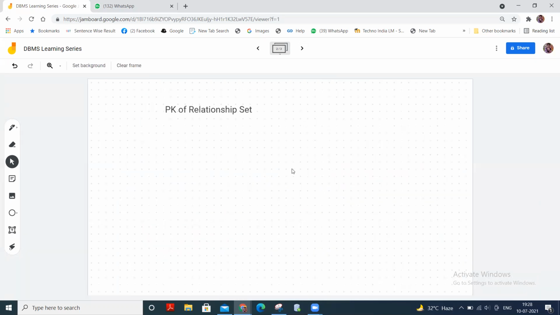Okay, so the next thing is primary key of relationship set. Let R be a relationship set involving entity sets E1, E2, dot dot dot En.